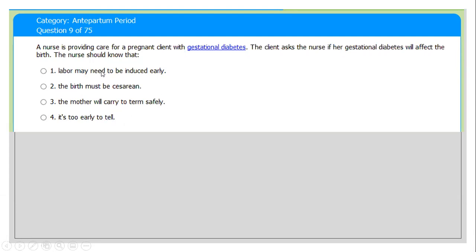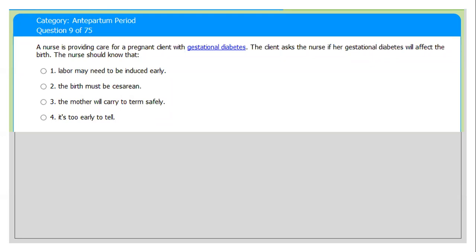So before answering this question, every student should know what gestational diabetes is. It is also called diabetes during pregnancy. This condition shows no or almost negligible symptoms in many women.